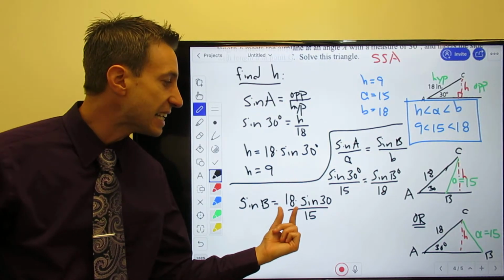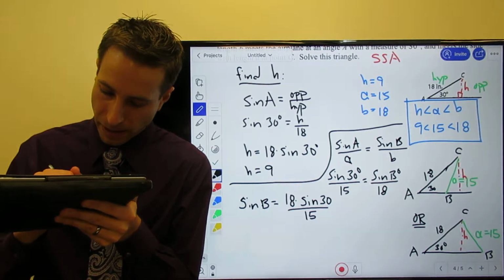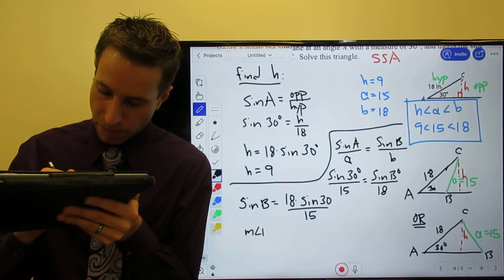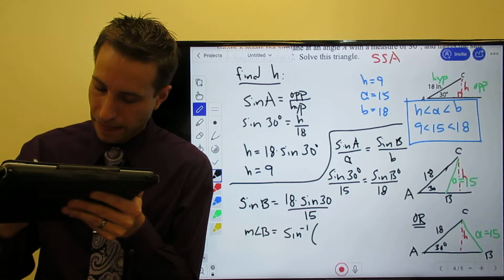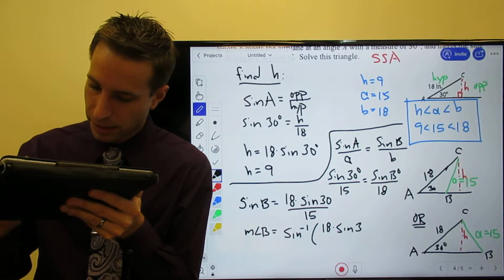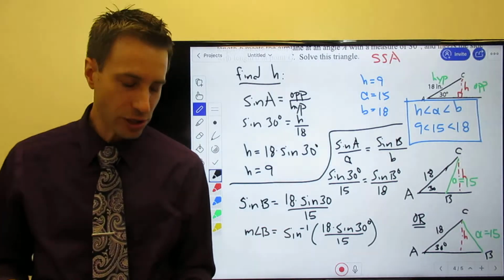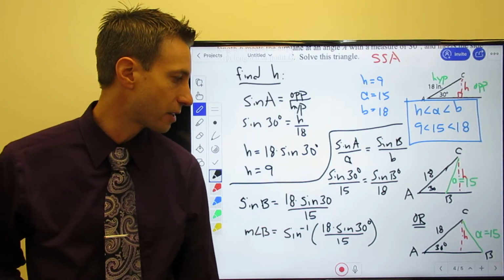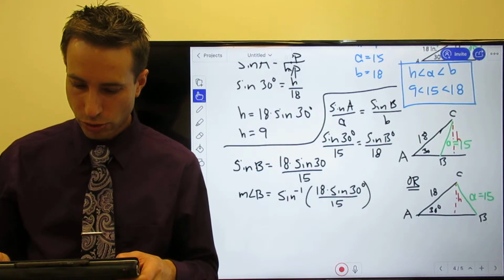Now I have to take the inverse sine of all of this in order to find the measure of angle B. So the measure of angle B is equal to the inverse sine of 18 times the sine of 30 degrees divided by 15. At this point, it's just a calculator problem, right? Don't fat finger something on your calculator. And here's what you wind up getting.